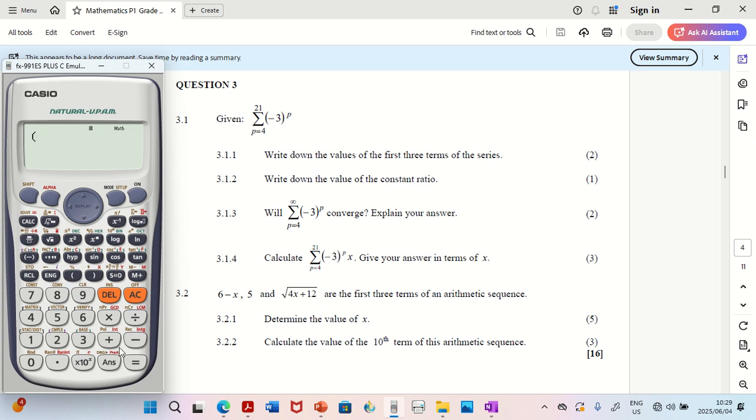In the bracket, we have 1 minus negative 3, right? Now, another mistake you are going to make is not to put negative 3 in a bracket. Then you are going to say to the exponent of 18, right? And what is that?